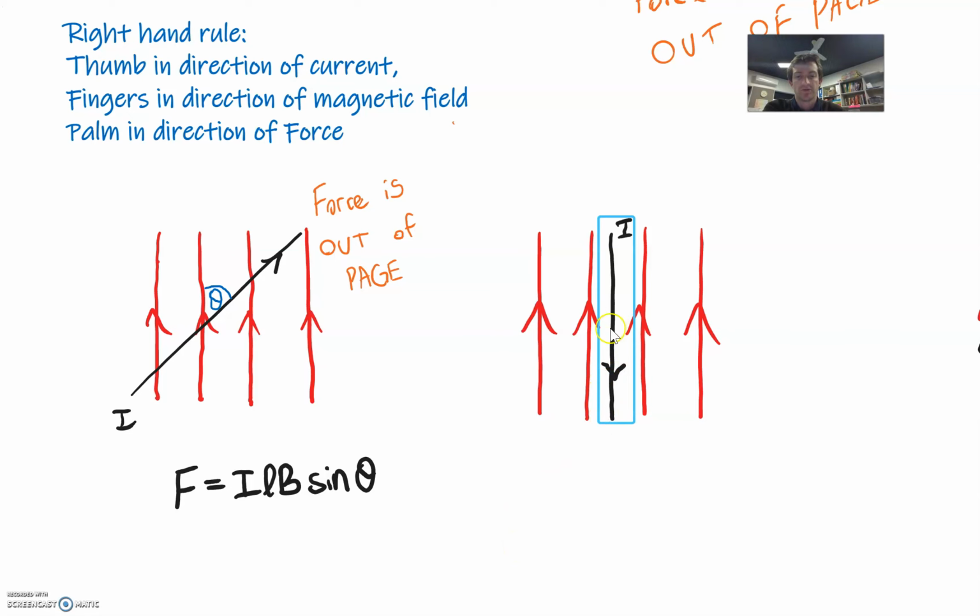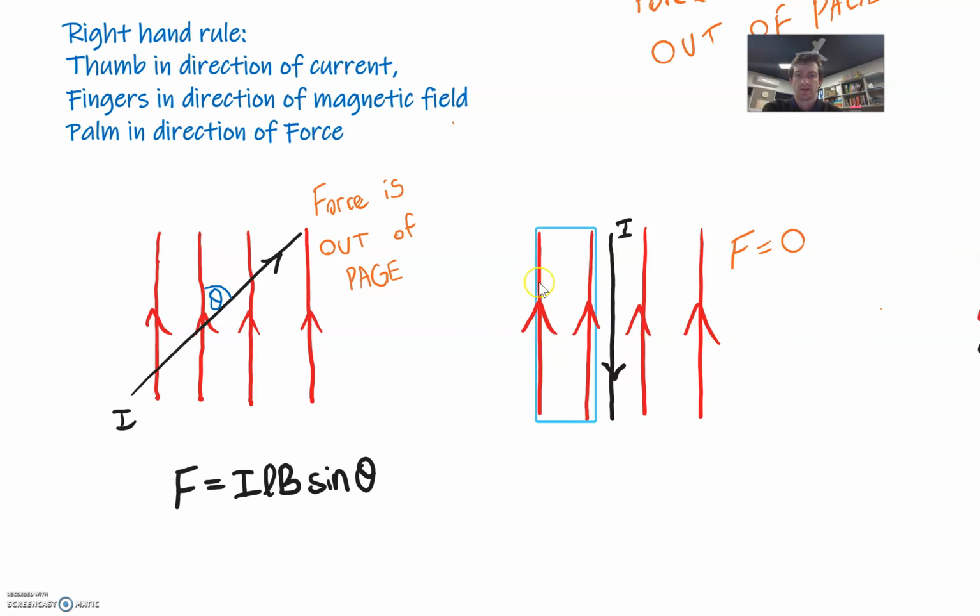If the angle between the wire and the magnetic field is 0, there is no force experienced at all. You can convince yourself of this because the angle in this equation will be 0, and sine of 0 is 0, so the entire force ends up being 0 as well. There is no force experienced here, and the wire just stays where it is.